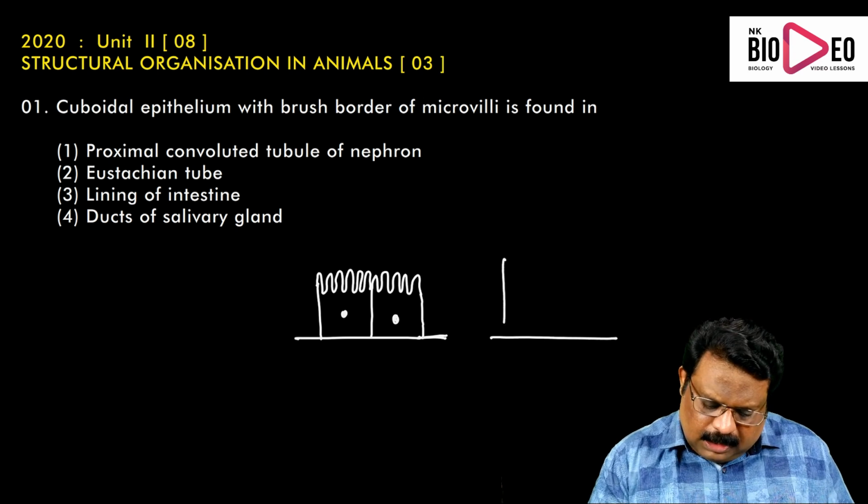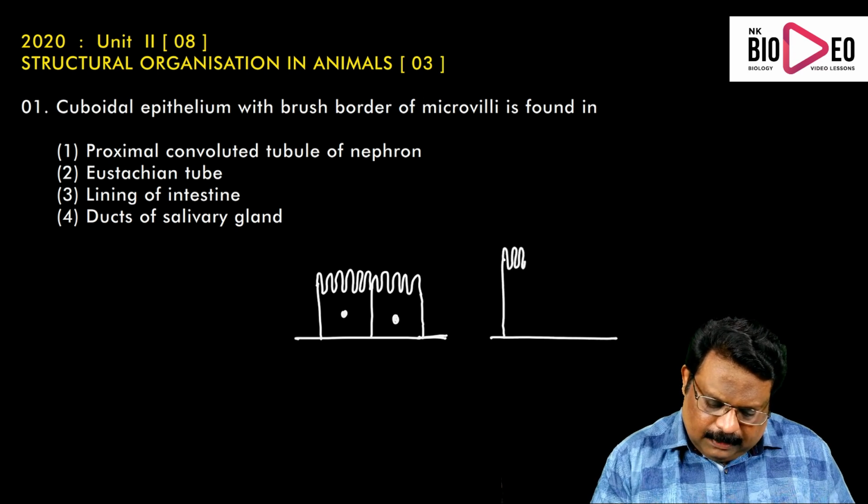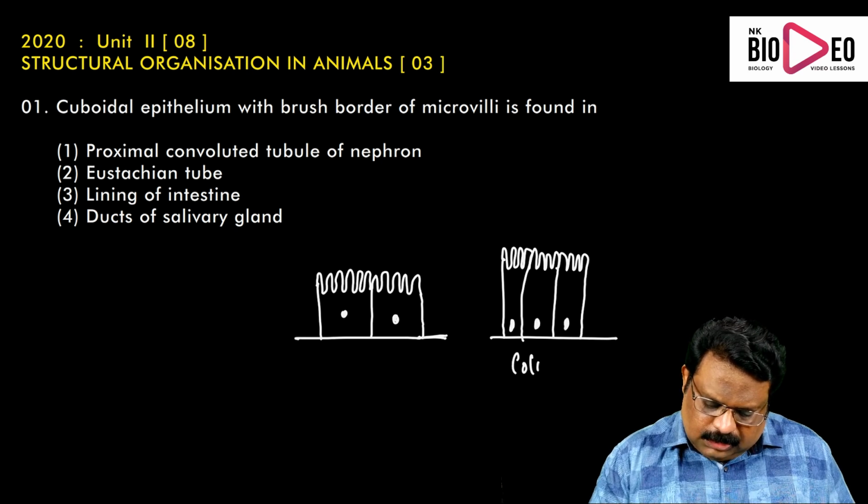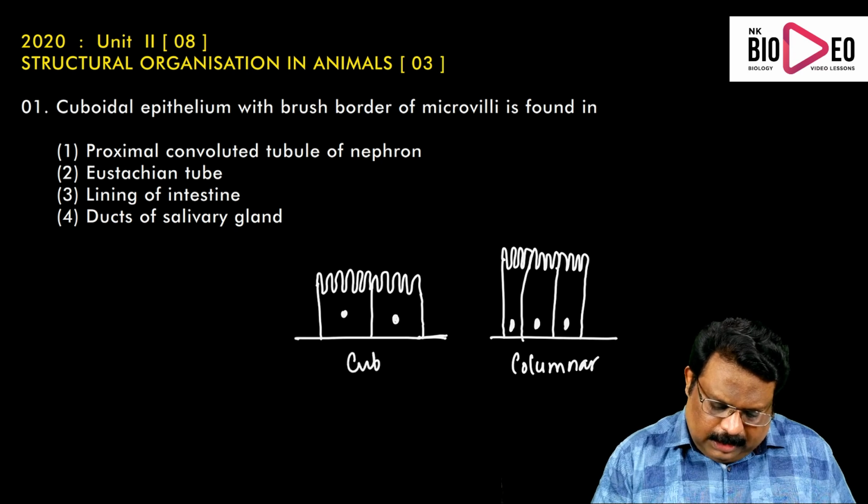When columnar cells are also having microvilli, the condition will be like this. This is columnar cells. This is cuboidal cells.